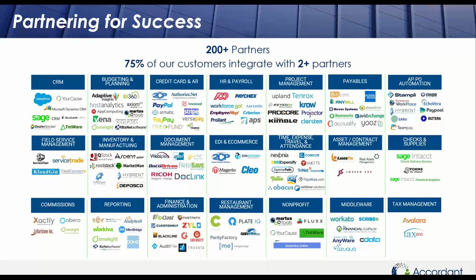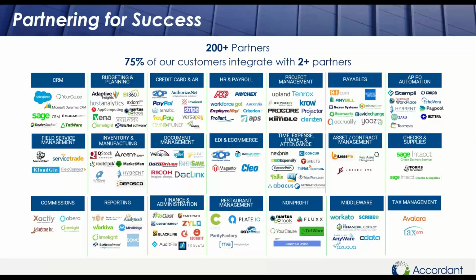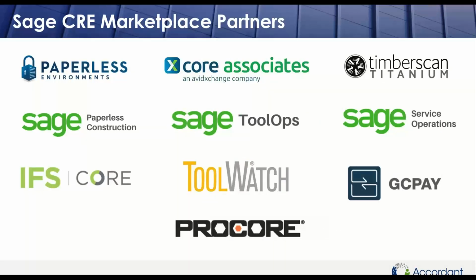Some of you are using products in market today that integrate nicely with Sage 100 and 300. You can count on most of those products moving forward with you with new web or native web solutions that will integrate with Sage Intacct as well. Procore came out earlier this summer.